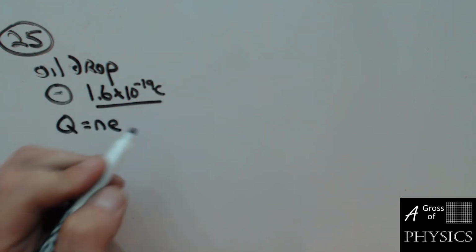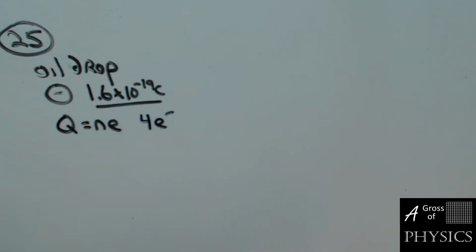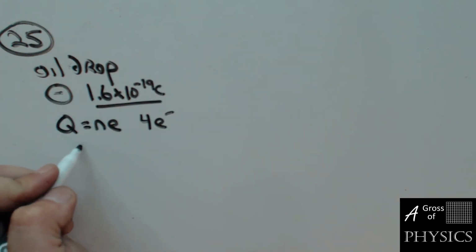So the first one is actually our answer, and you have 4 extra electrons. But then if we try the other ones, we're getting a half number for 2. We get 1 to the negative 19, which is not an integer for that one. And then 3.2 to the negative 50, you're also not going to get an integer. So the only one that we could have is choice 1.